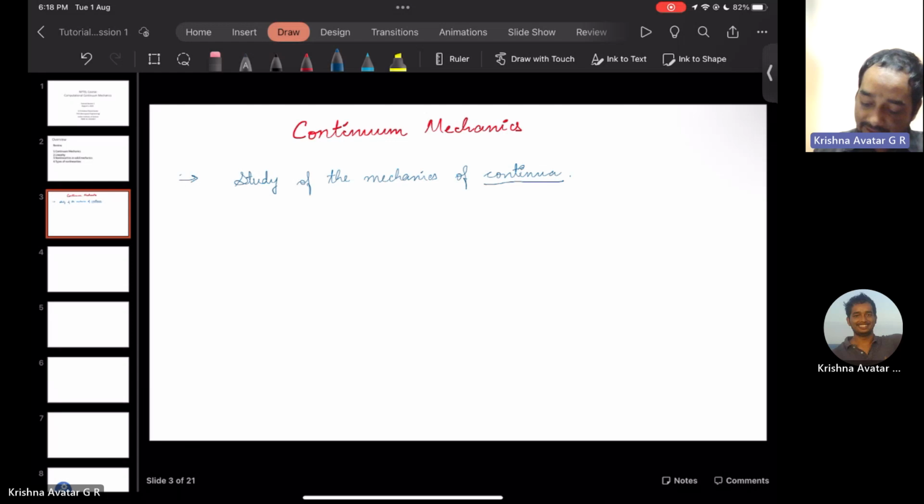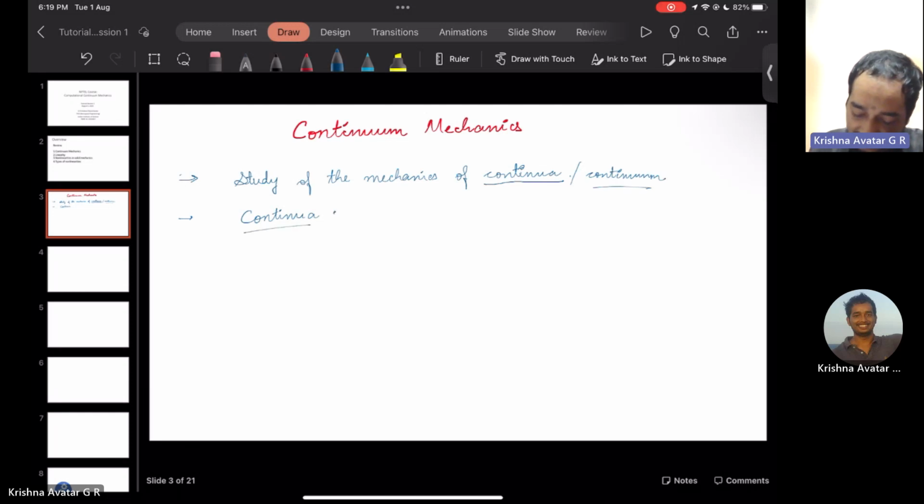Continua is when we consider any material to be uniformly distributed, in the sense that the mass or the particles which form the material are not considered to be discrete. So the keyword is continua here, or sometimes also written as continuum, but you get the idea.